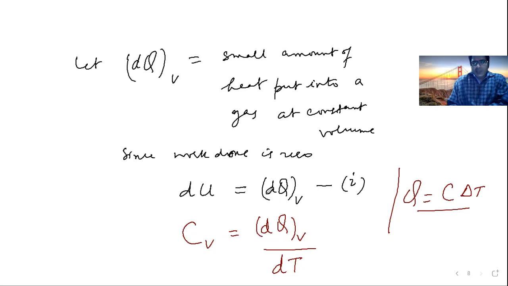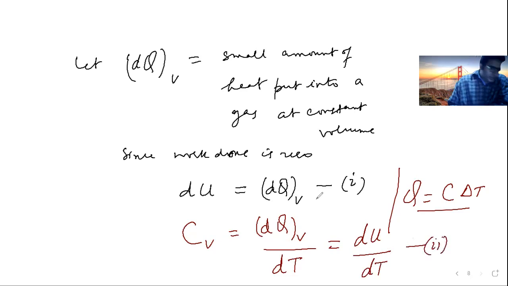But first law says this dq subscript V is dU. Therefore, I can write it dU by dT, right? Let it be my second. So heat capacity at constant volume is dU by dT.